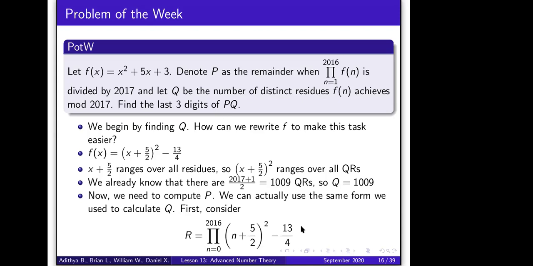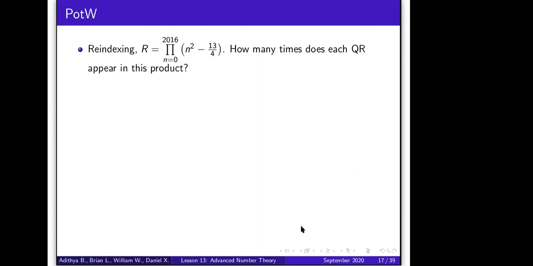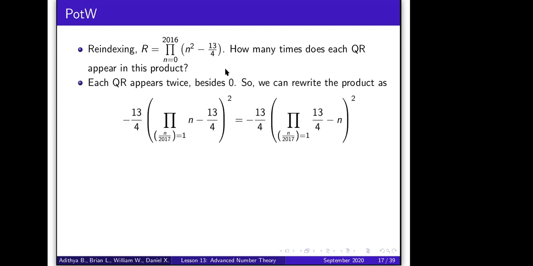So let's reindex it to get the product from n equals 0 to 2016 of n squared minus 13 over 4. So first of all, how many times does each quadratic residue appear in this product? Well, as we said earlier, when we square every residue, 0 appears once and every other quadratic residue appears twice.